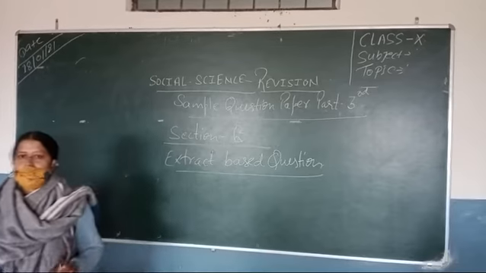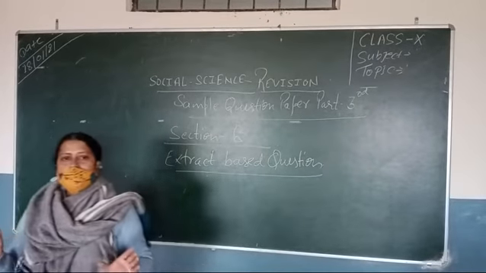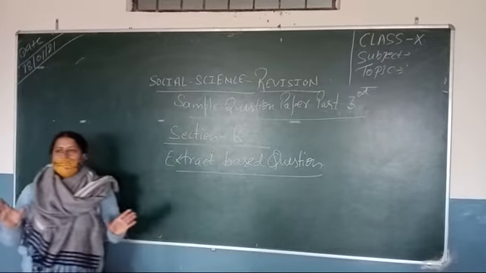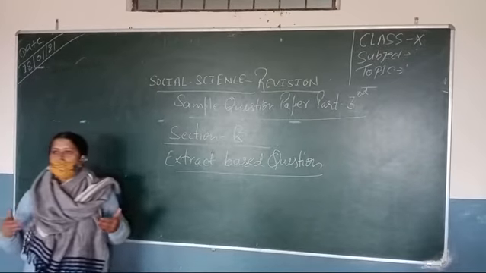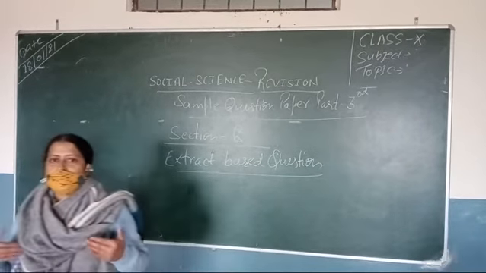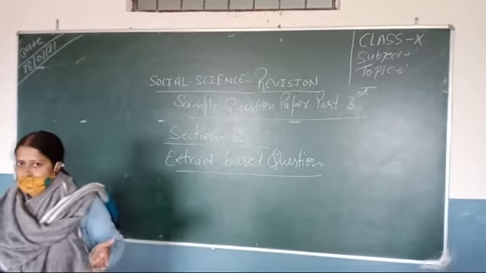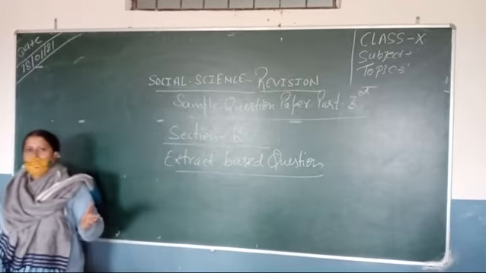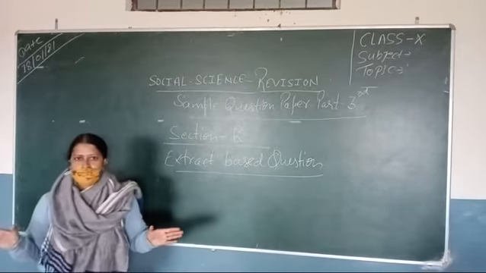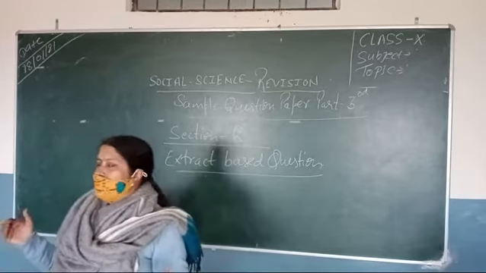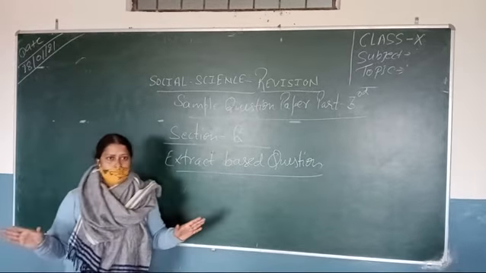In the chapter Nationalism in India, who was the leader who wanted participation of non-Brahmins in politics? Dr. Bhimrao Ambedkar. And they formed a party known as the Justice Party.